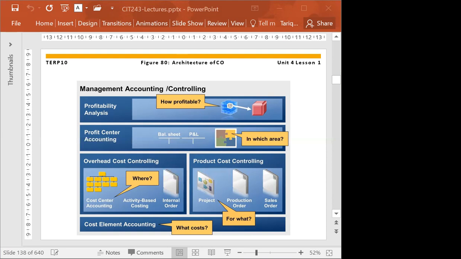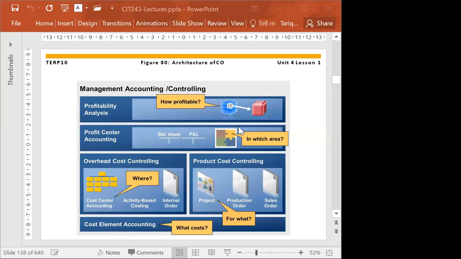Remember one thing, mostly data is coming from finance to this controlling area. To this management accounting, we are getting the data from financial accounting. This is the major data coming from finance. Now we do have some other sources that we can get data from.